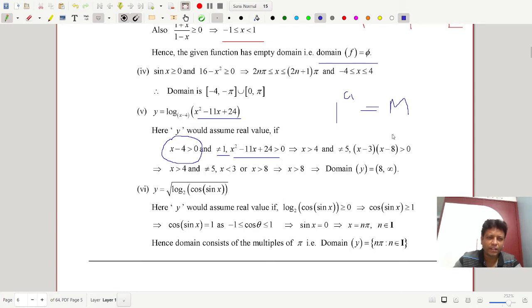What is that? Is there any sense of this? So that is why base cannot be 1. Okay, Aditya?